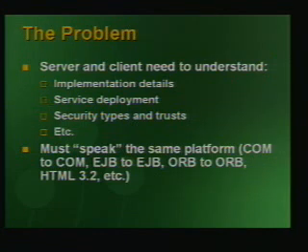The server and the client need to understand each other. To move forward in a web services world, you have to be able to have clients and servers that could be disparate entities, Solaris talking to Windows, Windows talking to Unix. They shouldn't have to know about each other's details. This is what SOAP's all about, but this is the problem today, is that the client and the server need to understand each other.